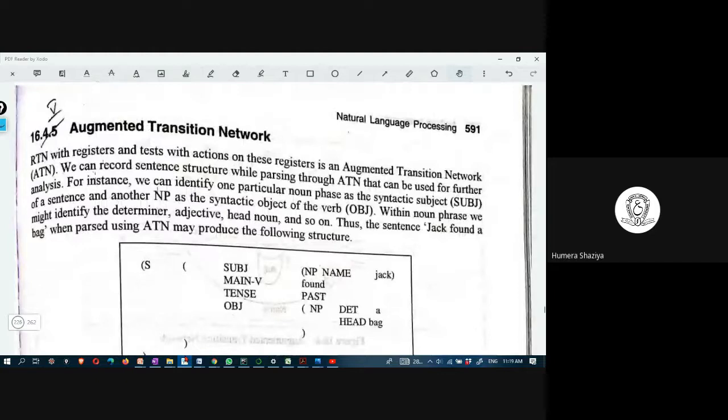The next type of method for parsing a complicated sentence is the augmented transition network.